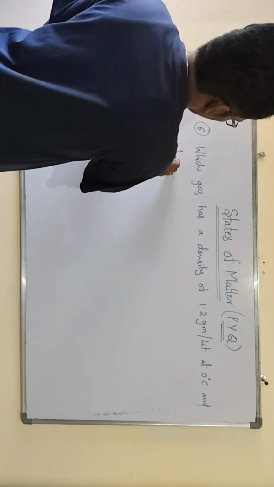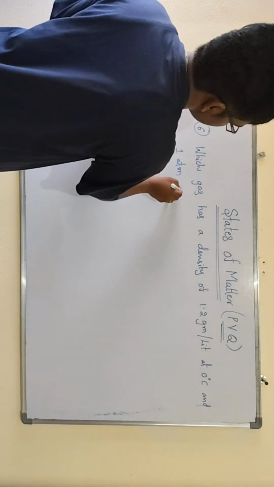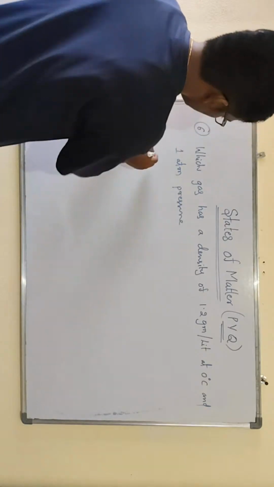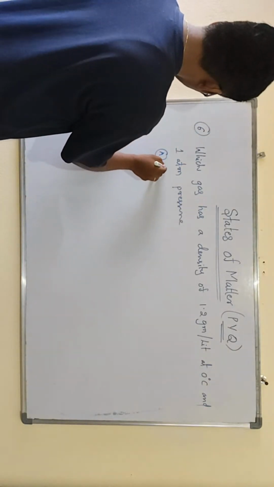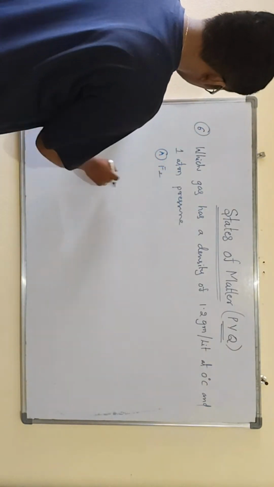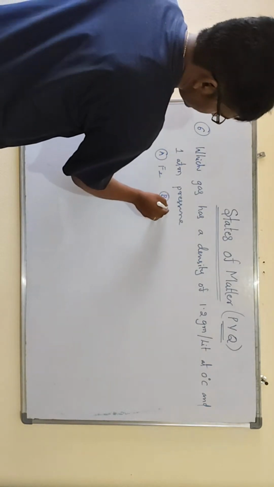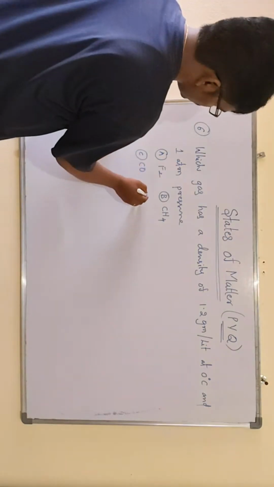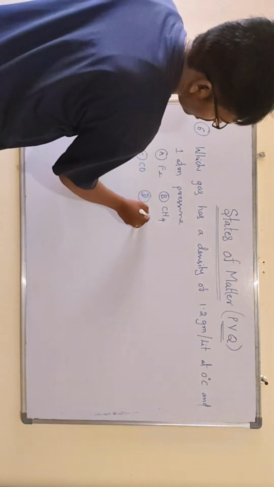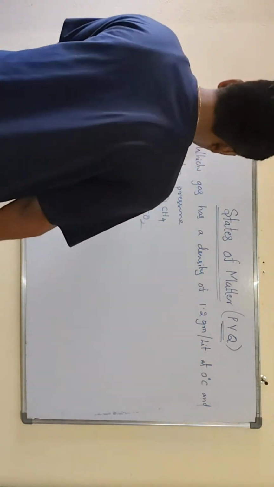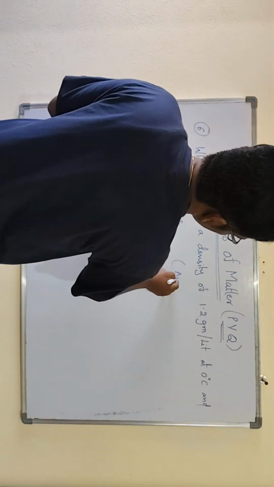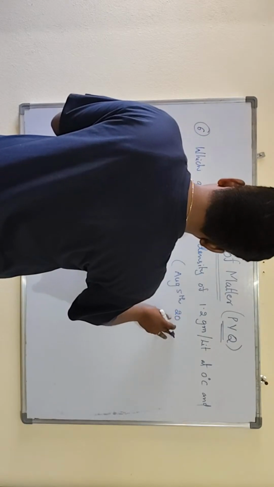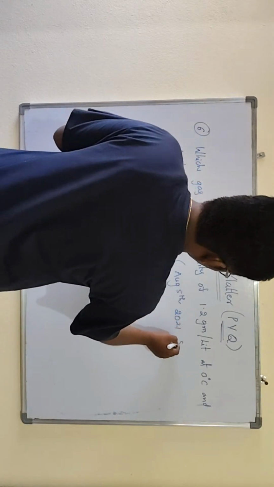The options are: A fluorine gas, B methane gas, C CO carbon monoxide, D carbon dioxide. This was given in August 5th, 2021, shift 1.